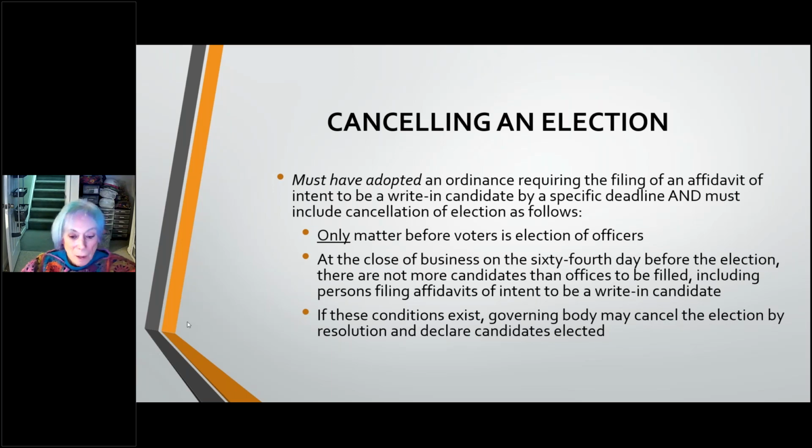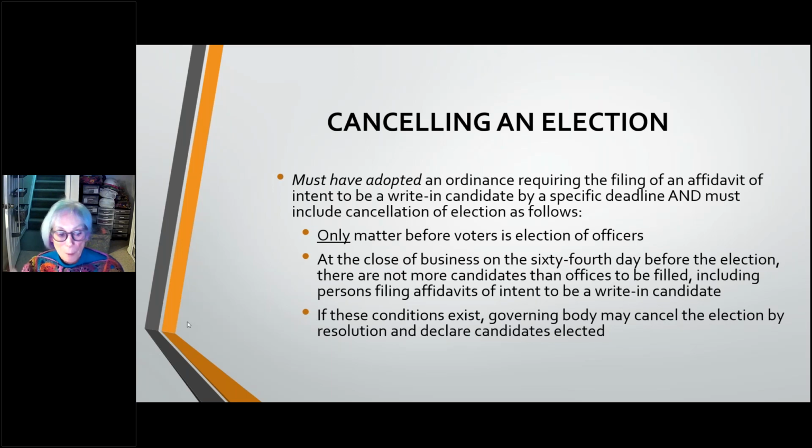All right, so first of all, if you don't have an ordinance, see if you can adopt one before your election in April. And 507 basically says what I have talked about and makes reference to the requirement for an affidavit of intent to be a write-in candidate.